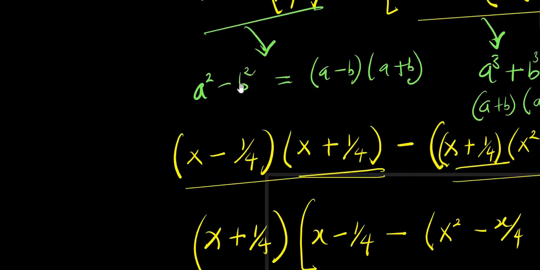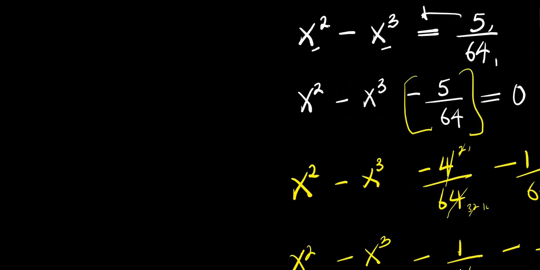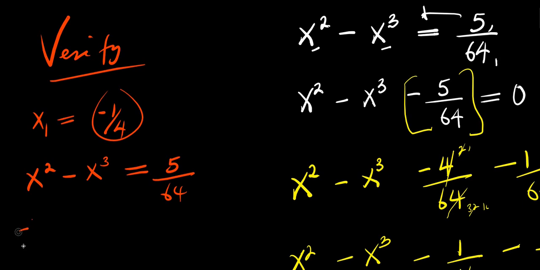So you can actually check and verify. It has x1 equals negative 1 over 4. This is x squared minus x power 3 equals 5 over 64. Substituting this will be negative 1 over 4 squared minus negative 1 over 4 cubed.